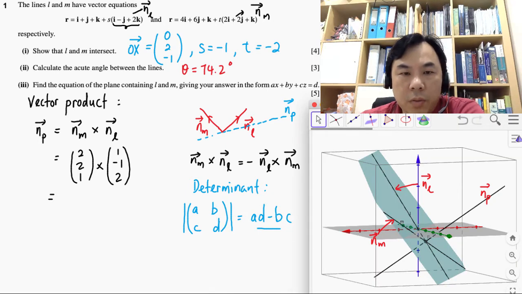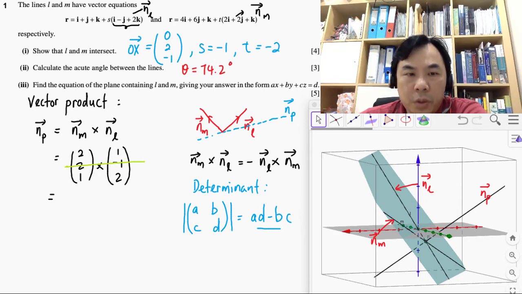For the second cofactor, I'm going to repeat the same procedure. You cross out this one, and then we use these four elements to work out the determinant.